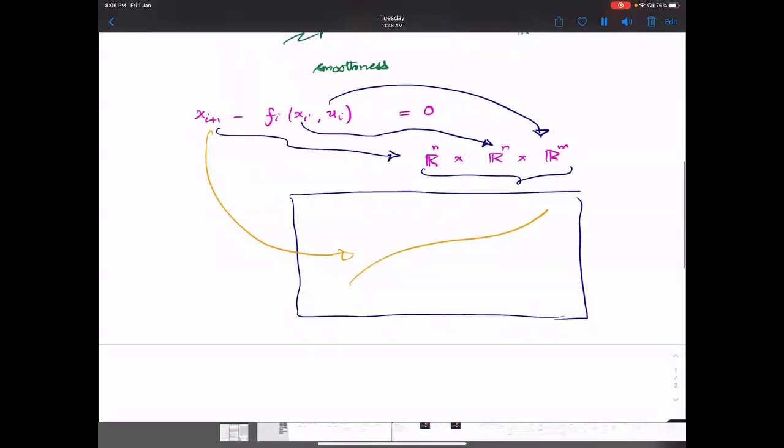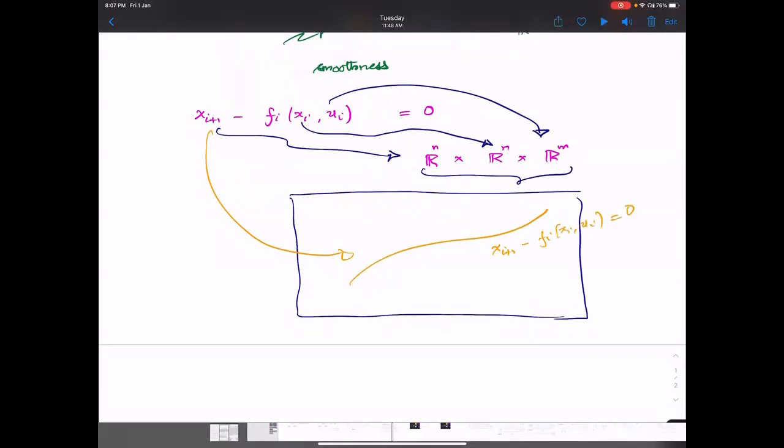So this here is of the form x_{i+1} minus f_i(x_i, u_i) equals 0.